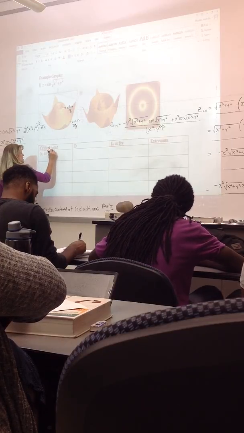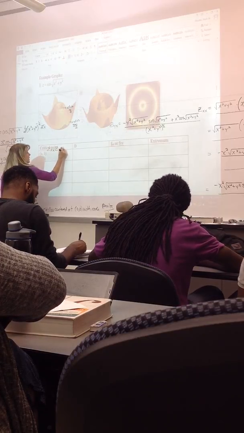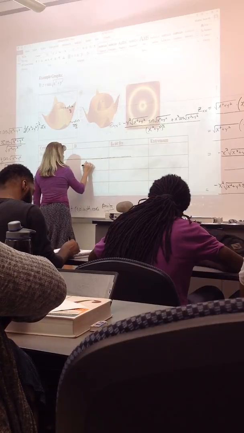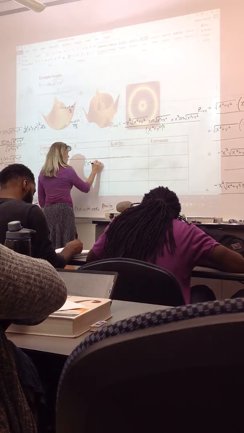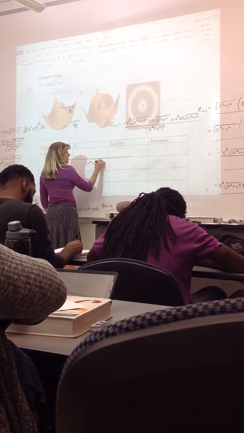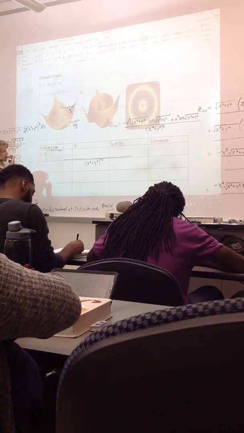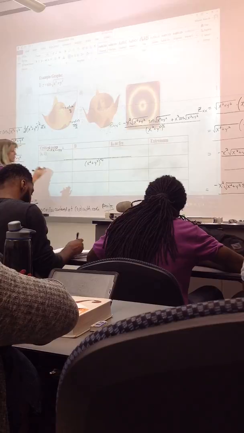Okay, so ZXX times ZYY, if we multiply these two together, we know that the denominator is just going to end up being x squared plus y squared to some power.